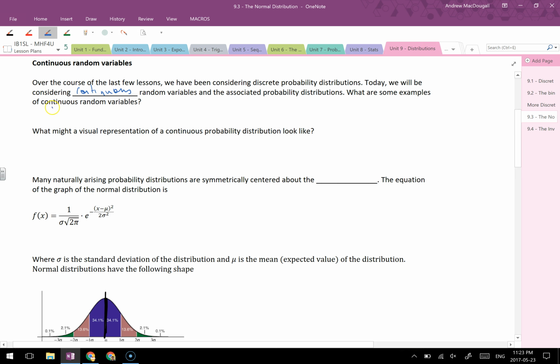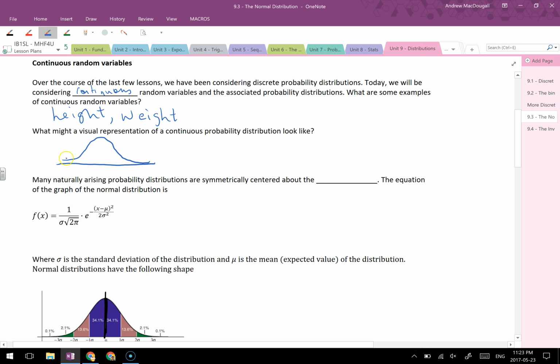For instance, height, where I could be 160 centimeters, I could be 160.011, kind of any value, not just specific isolated values. It could be weight, distance, things like that.